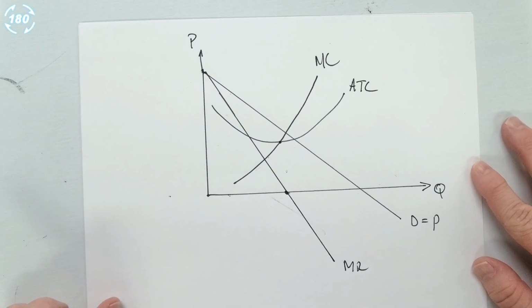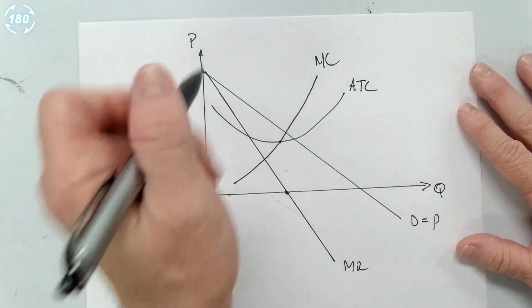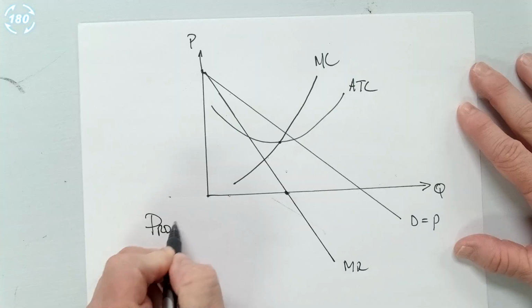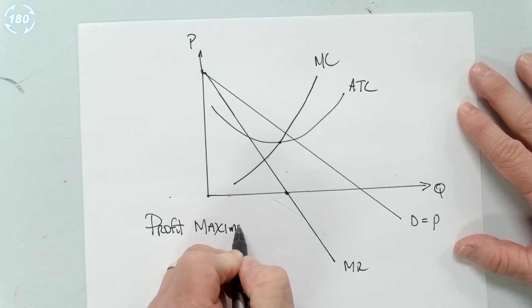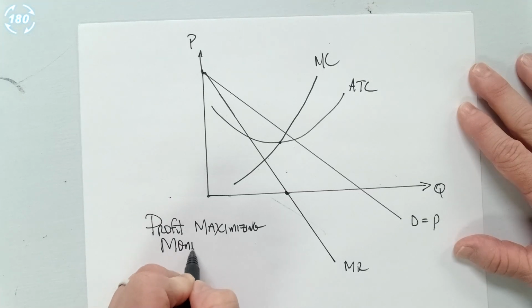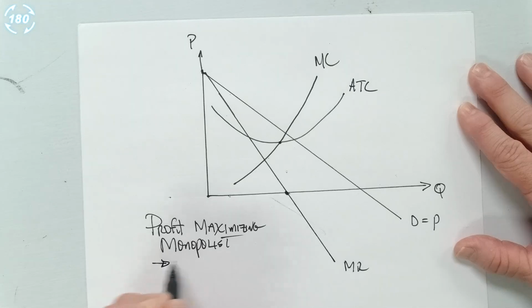What I want us to see here is the rule: the profit maximizing supplier, in this case a profit maximizing monopolist, is going to do the following. They will equate marginal revenue with marginal cost.